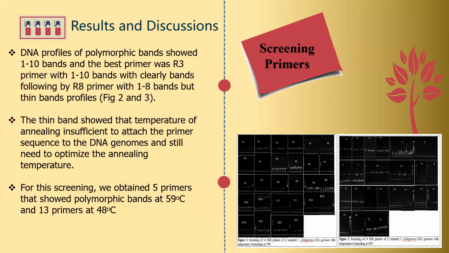The thin bands show that the annealing temperature was insufficient for the primer sequence to attach to the DNA genome, and the annealing temperature still needs to be optimized. For this screening, we obtained 5 primers that show polymorphic bands at 59 degrees Celsius and 13 primers at 48 degrees Celsius.